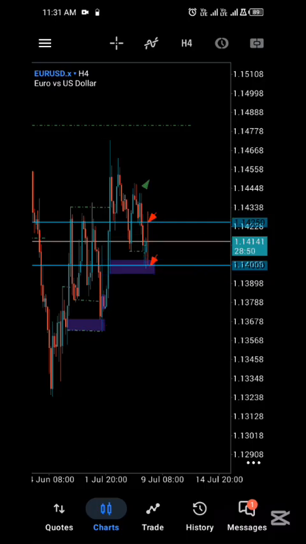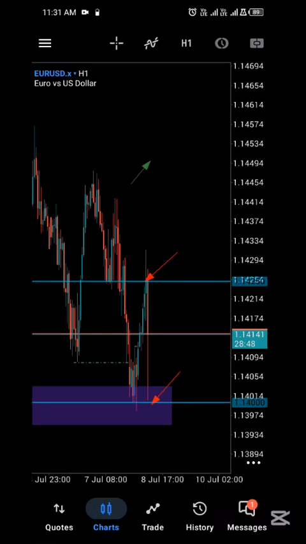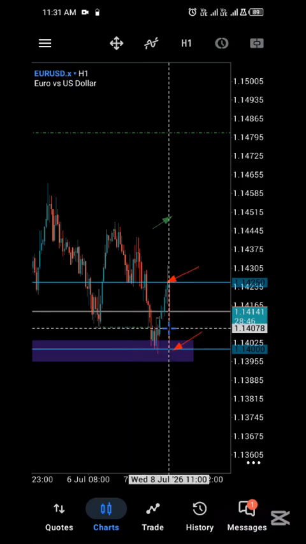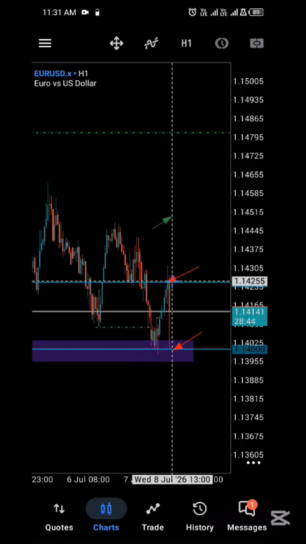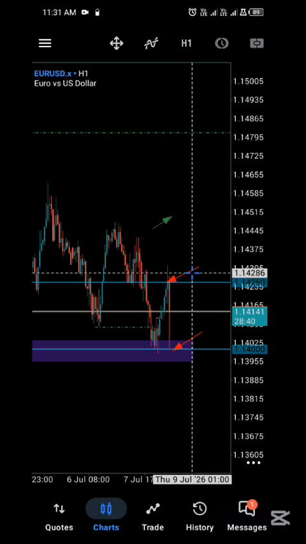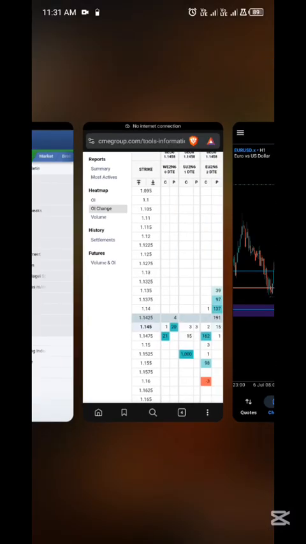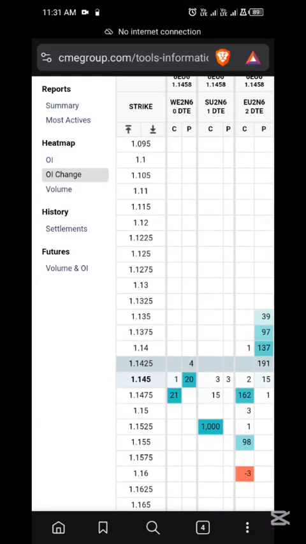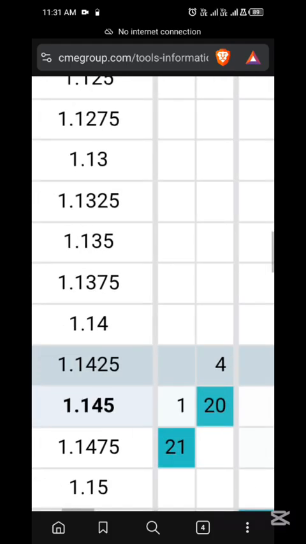Around this zone, I also use another strategy. I was expecting some selling pressure around 1.24 to 50. If I can show you, there were sellers who had placed some put contracts around this zone.